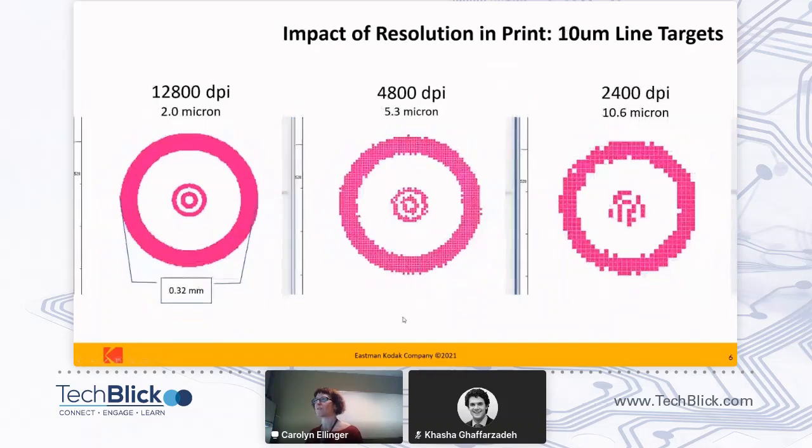If you go to even finer features, so 10 micron lines and spaces, you can see at the high resolution of 12,800 DPI you have good pattern fidelity in the design. But when you go down to something like 2,400 DPI, the design cannot maintain your desired spaces and lines because the pixel size of the design is larger than your design feature.